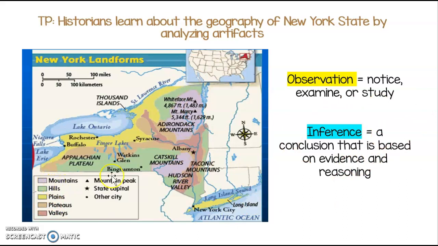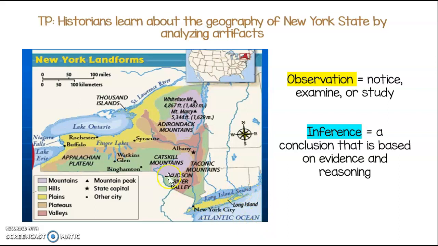So I'm noticing that New York State has mountains, hills, plains, plateaus, and valleys. And there's also a lake here, Niagara Falls here, another lake, and there are many rivers, as well as the Atlantic Ocean.